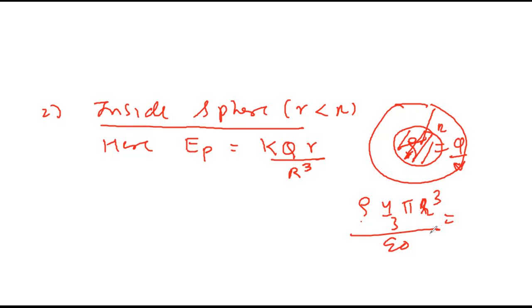ठीक है, ये फ्लक्स हो गया ना इनसाइड. Q upon epsilon naught is the flux. We want intensity at point P. So intensity E at any point is constant throughout this sphere.